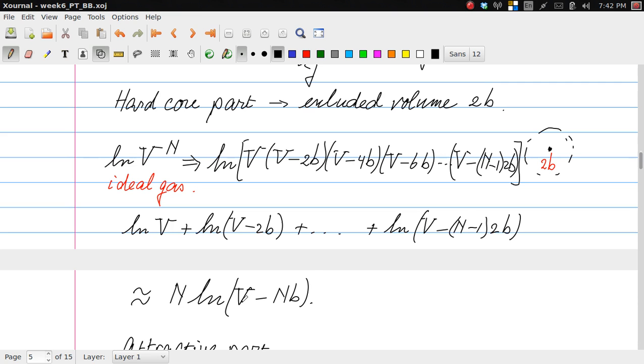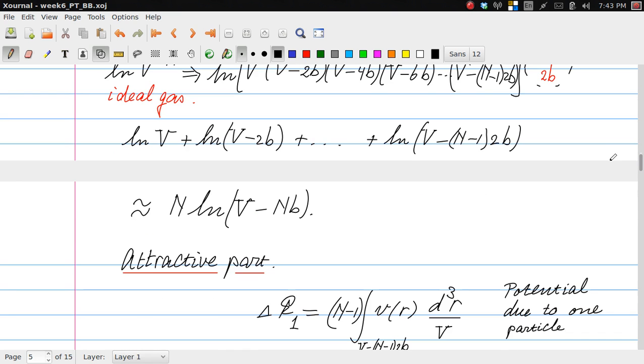And the average value is when we take here, instead of N, N over 2. So then we are somewhere midway between this term and that term. Well, N or N minus 1 doesn't matter if we have many particles, and so we arrive at N times the average interaction part, and that's the logarithm of V minus Nb.